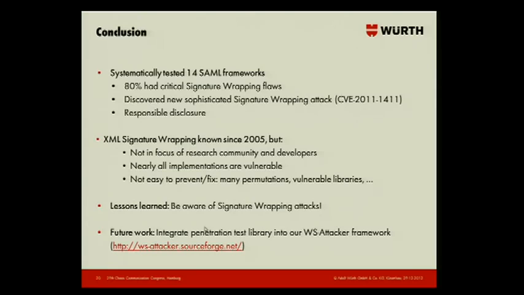XML signature wrapping attacks have been known since 2005, but they seem not to be in the focus of the research community and developers today. And we think that there are many implementations out there which are susceptible to this kind of attack.